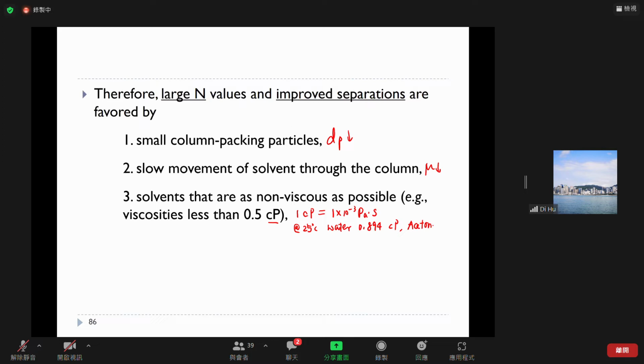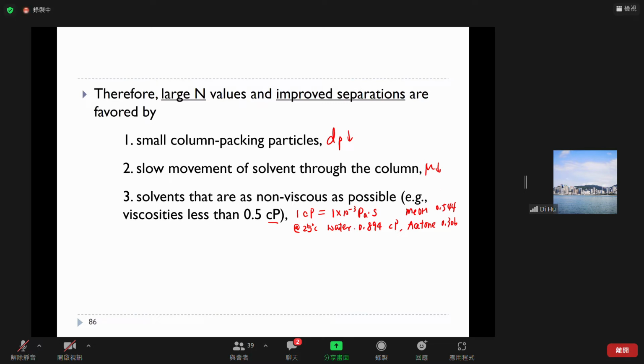For acetone it is 0.306, and for methanol it is 0.544. It is better to use a solvent that is as non-viscous as possible, but in that case water seems not really a good one.